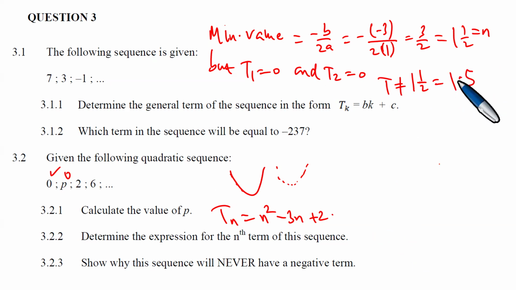And now we cannot say the value of n is 1.5, because we're looking at the number of terms. The number of terms cannot be 1.5.